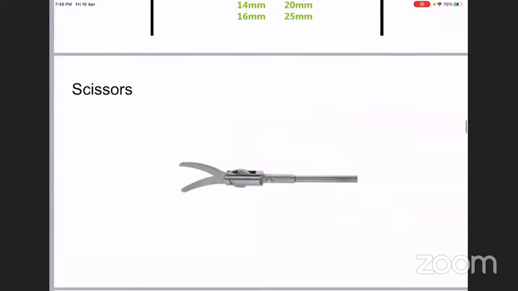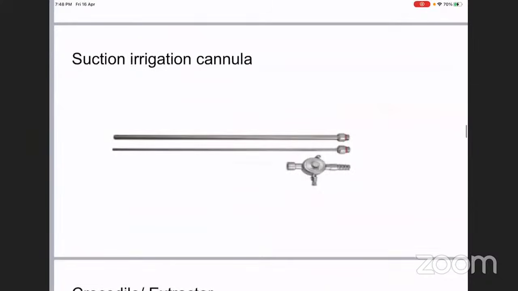Okay. And then we have something known as a suction and irrigation cannula. It has two different inlets and outlets. One is for irrigating the fluid, and the other is for sucking back the fluid. You can alternate between the suction and the irrigation functions using a knob.